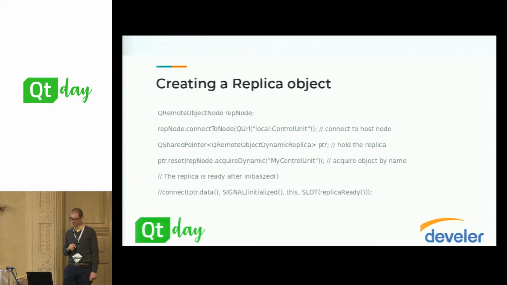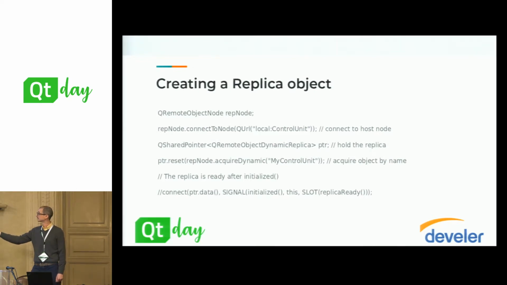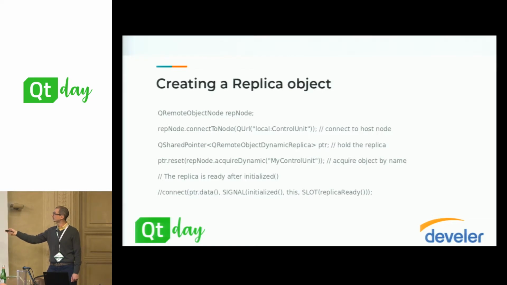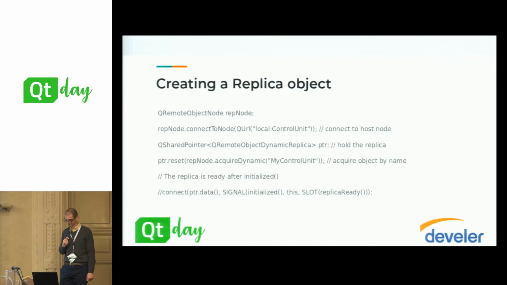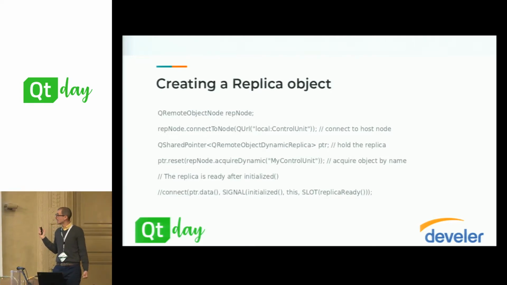Then we connect to the node, and we use the same URL we used to create the source node. And then we just call acquireDynamic on the node, and we ask for a specific object. Basically that's it.